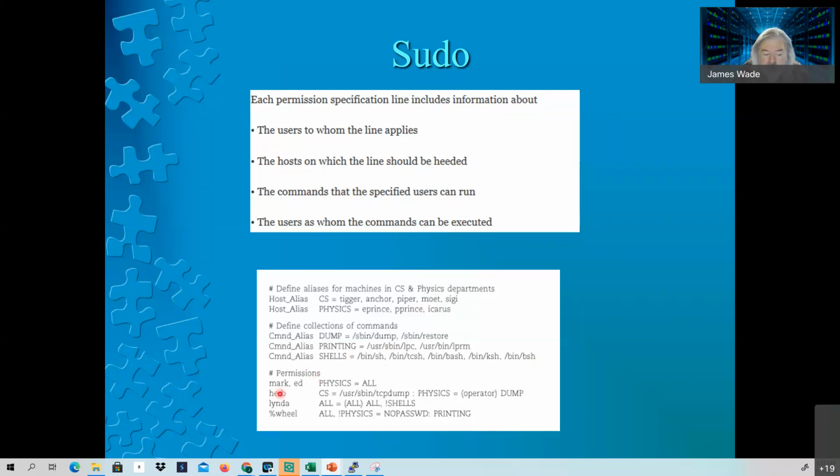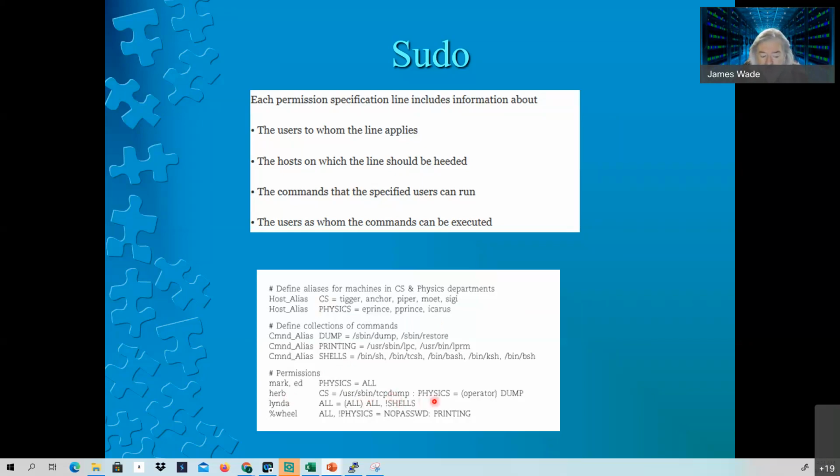Notice that two users called Mark and Ed are allowed basically to do all of these command aliases on all of the physics servers. Notice that Herb, on the CS servers, can do /usr/bin/tcpdump. tcpdump is like Wireshark, where you listen on the network.